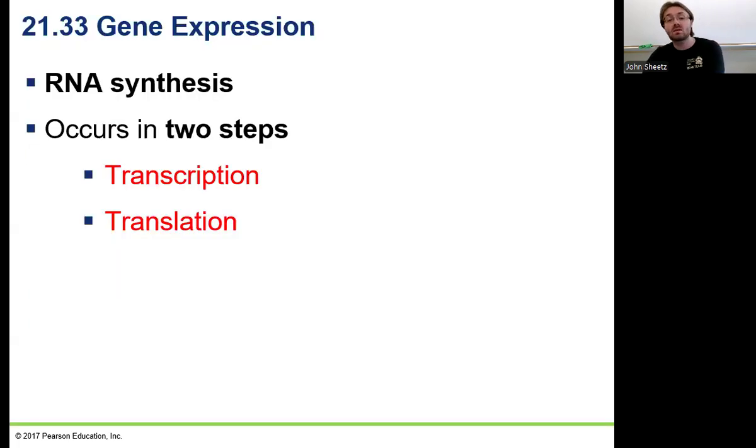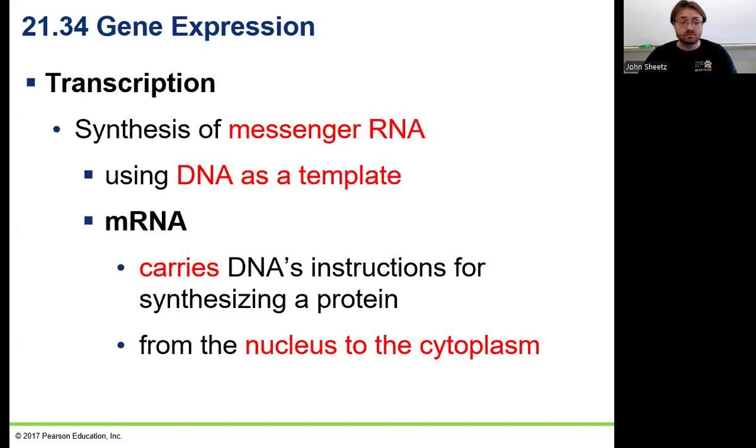So RNA synthesis, protein synthesis, occurs in two steps, and these are transcription and translation. First, you start with transcription. You start by synthesizing the mRNA, or messenger RNA, using DNA as a template. So mRNA then carries DNA's instructions for synthesizing a protein out from the nuclear envelope to the cytoplasm.